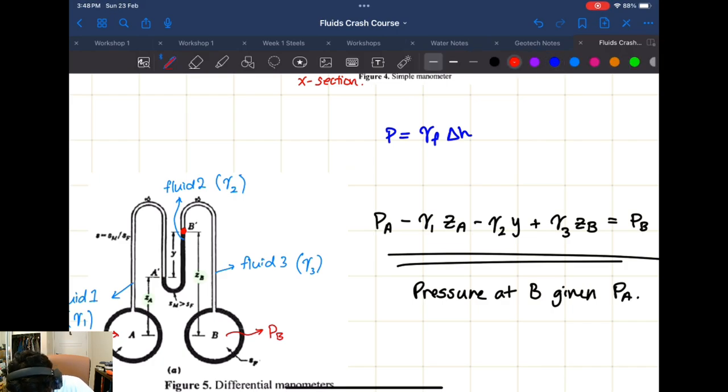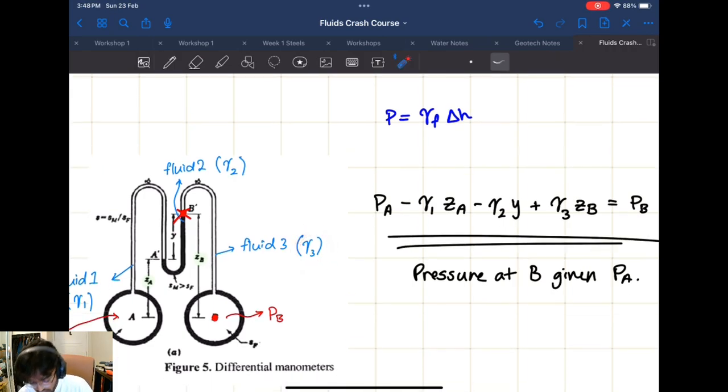So fluid number 3 starts here and it ends at point B. Right. Again, because it's a pipe, we take the middle of the pipe. In this case, we know that our unit weight is gamma 3, but the height difference, ZB, is negative.